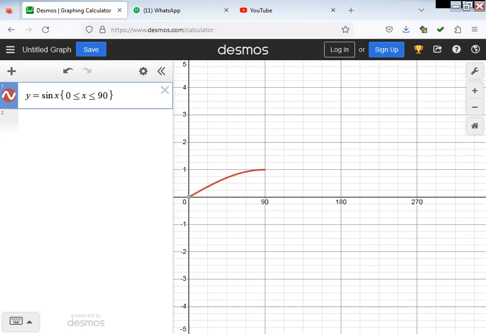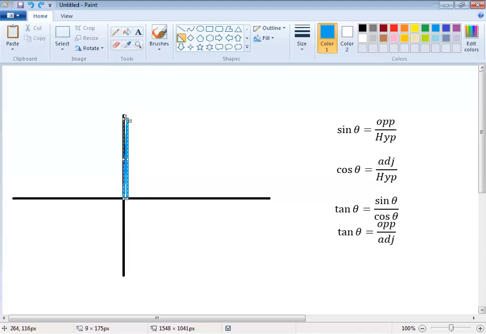Okay, now what about cos? The same thing, what about cos? If I were to go to 0 degrees, how did you get the values of cos?